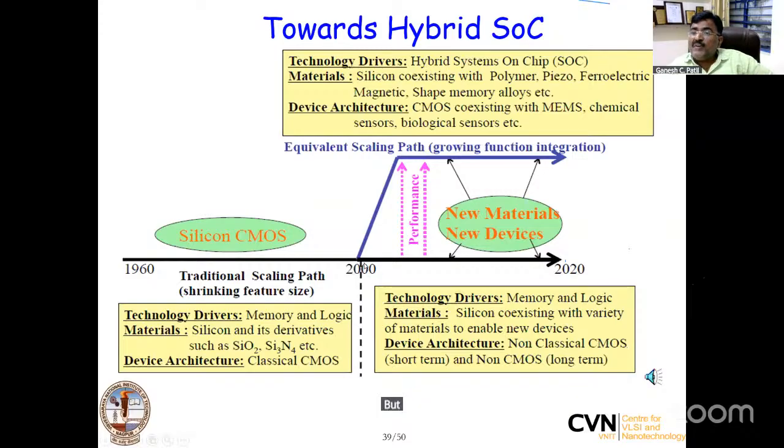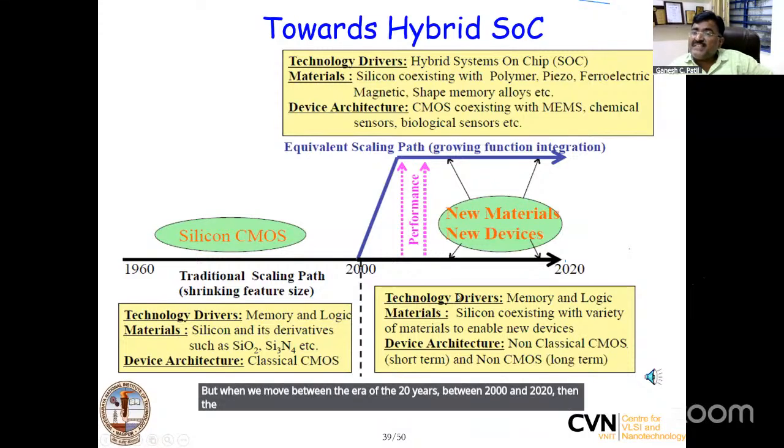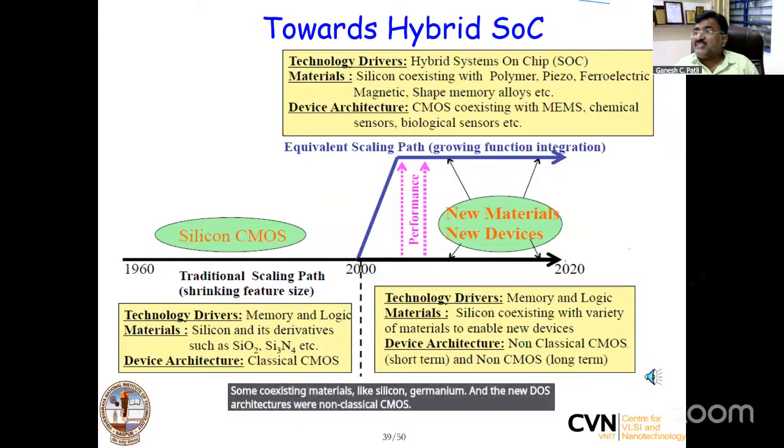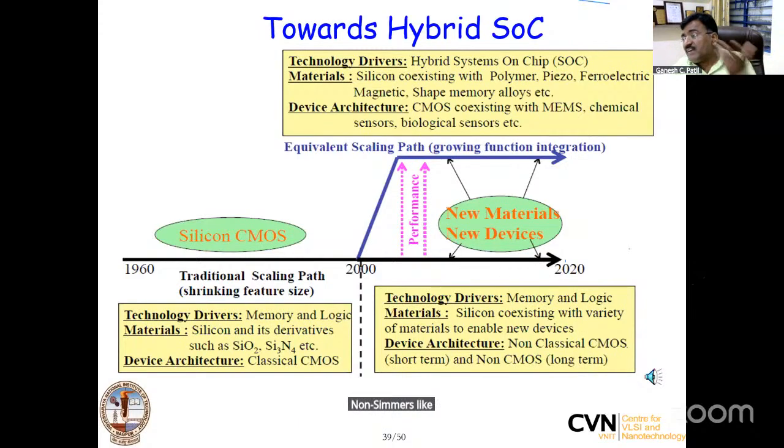But in the 20 years between 2000 and 2020, new materials have come up, with new technology drivers where again memory and logic, the materials will be silicon with some coexisting materials like silicon germanium, and new device architectures, non-classical CMOS, non-CMOS like FinFET, kind of devices we have already developed.